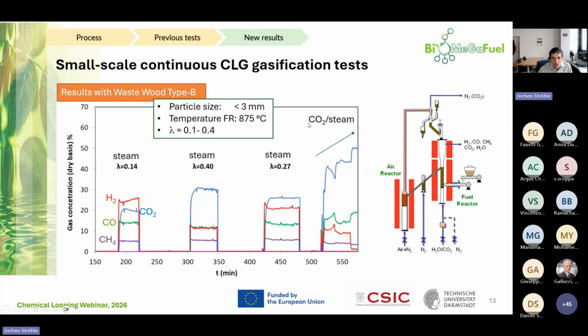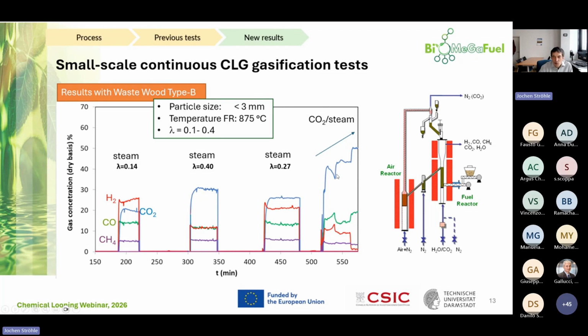And then also the fluidization has been changed from steam to CO2, and then we can see an increase in the CO2 concentration and also in the carbon monoxide concentration.